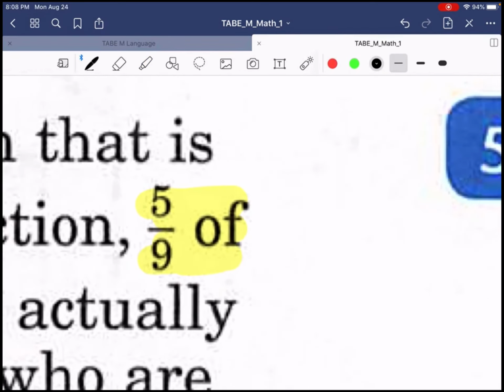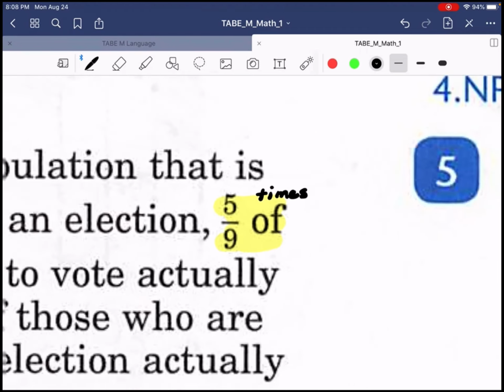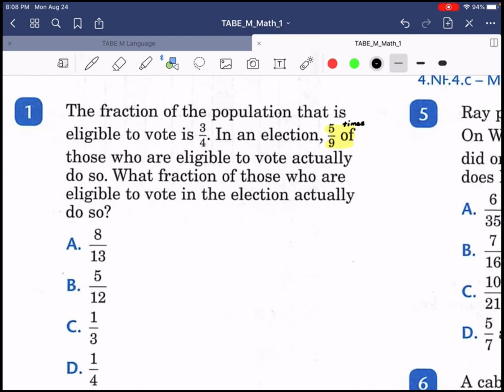The fraction is right beside the word of. In that situation, the two of those together means times, multiply. So what are we multiplying? 5/9 of what? Well, in this case, it's 5/9 of those who are eligible to vote.